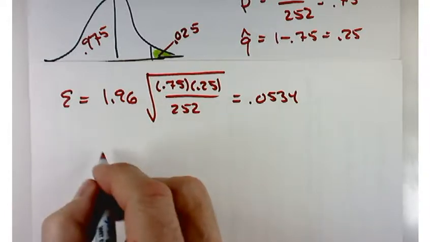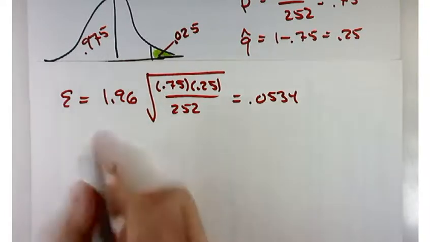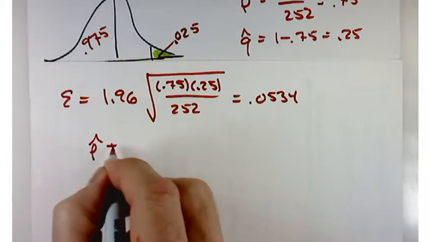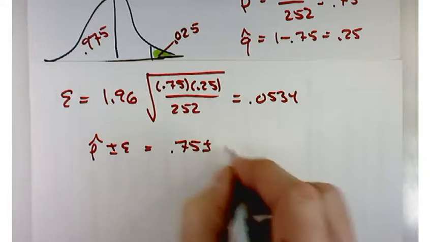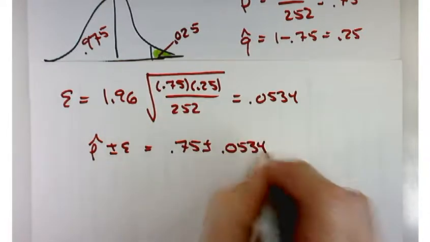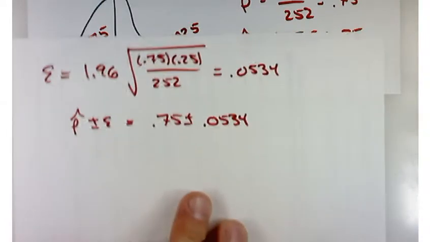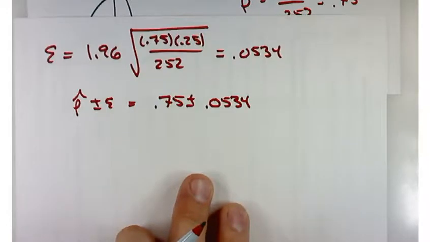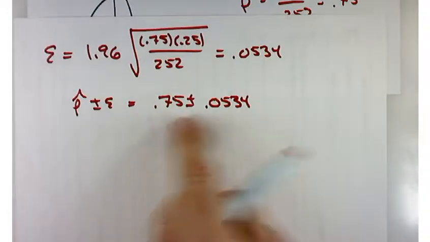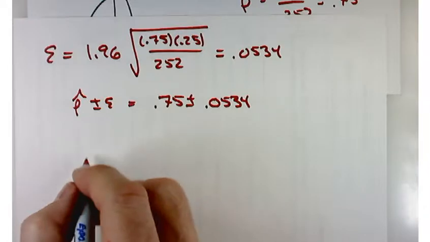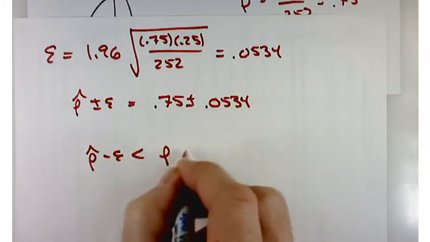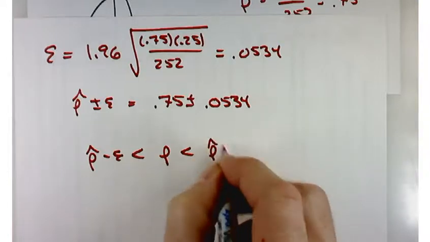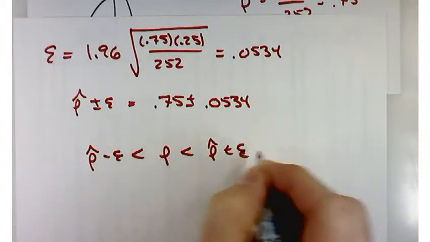So p hat plus or minus e equals 0.75 plus or minus 0.0534. Let's turn that into an interval. P hat minus e less than p less than p hat plus e.